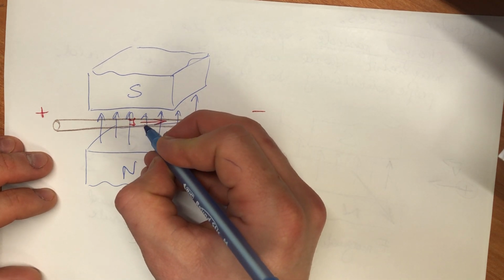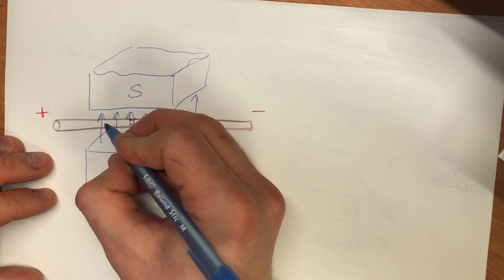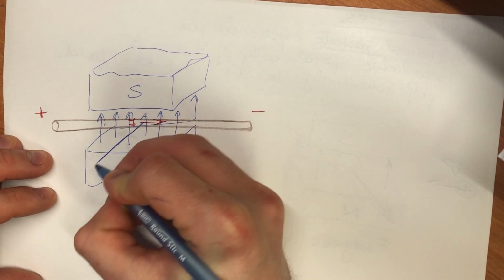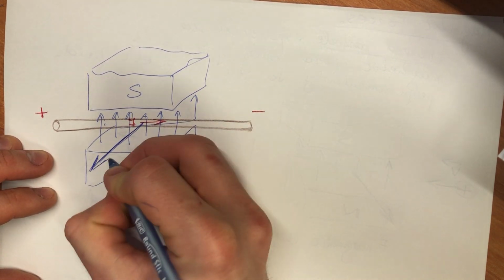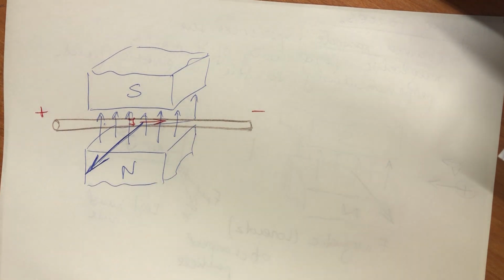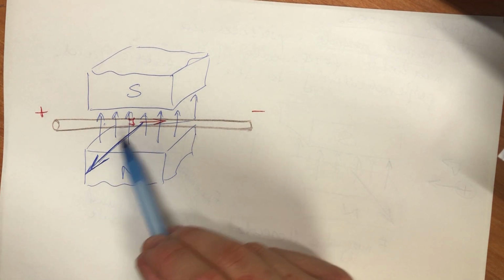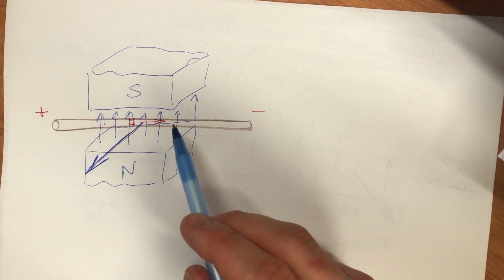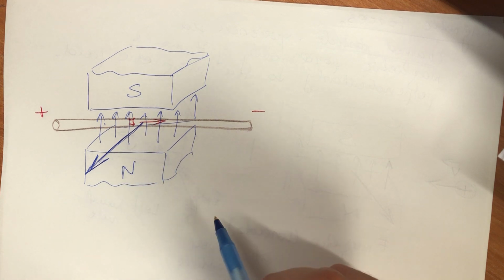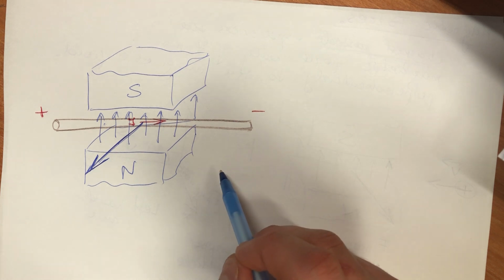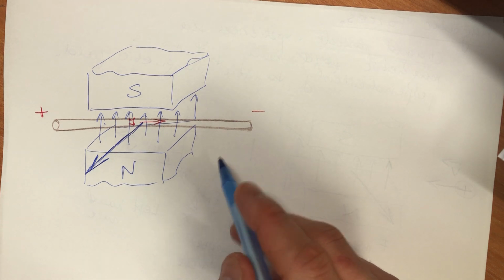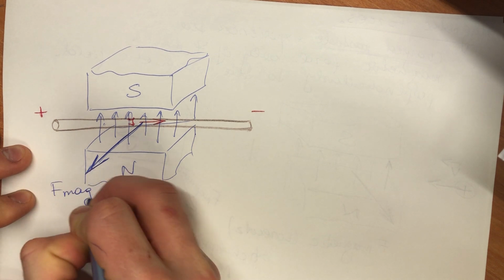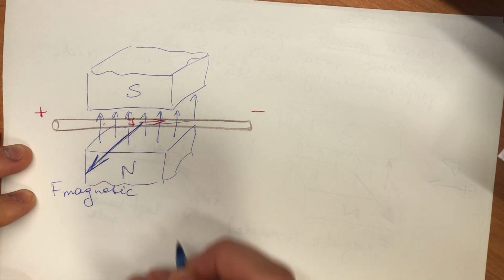acting on the wire, and this direction would be again out of the paper, the same as it was with the Lorentz force, but in this case it is called the magnetic force which is acting on the wire.